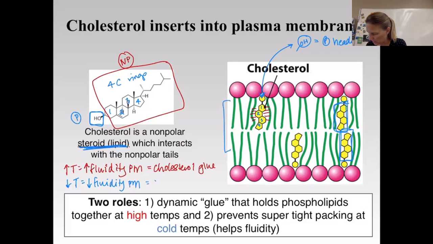So what the cholesterol does is that it actually prevents tails getting packed into one another, packed really, really tightly, therefore making it increased fluidity, right? So at low temperatures, cholesterol prevents packing to increase fluidity. At really high temperatures, cholesterol acts like glue in order to keep the membrane together.